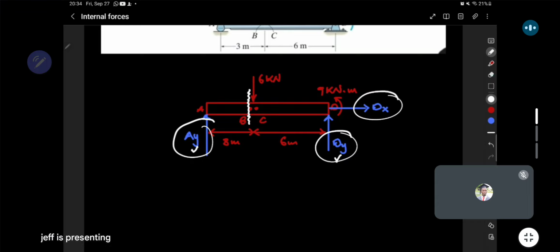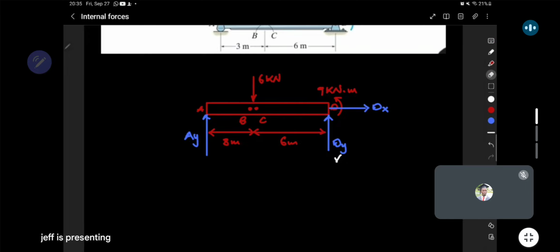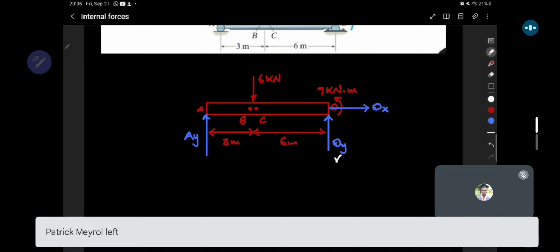So let's try at least to know the reaction at A. So what will it be? To determine the reaction at A, what do we do? We're going to analyze it before doing our section, meaning the normal force, shear force, and all, they are still internal forces. We will not include them in our analysis. So here we're only looking at these forces which are currently exposed.